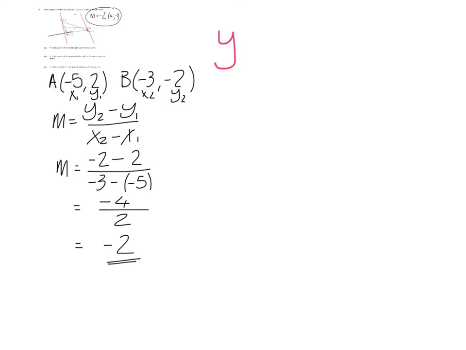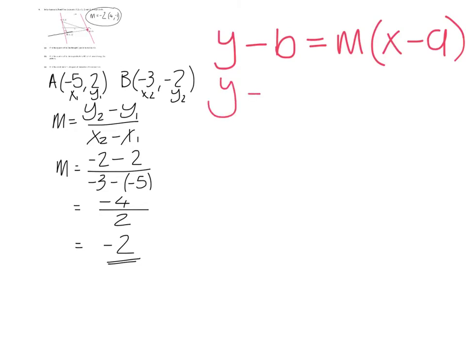So the equation of a straight line is given by y minus b equals m bracket x minus a. And that's y take away b, and b from our point up here is negative 1, so that's y take away negative 1 equals our gradient, which was negative 2, bracket x minus a, which was 4.